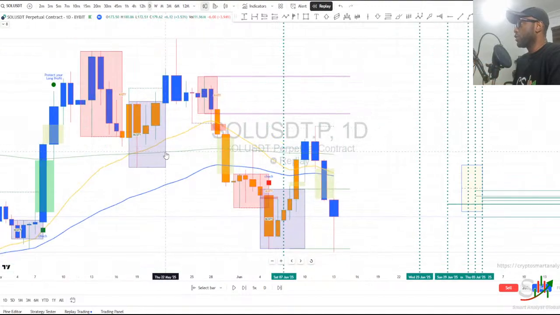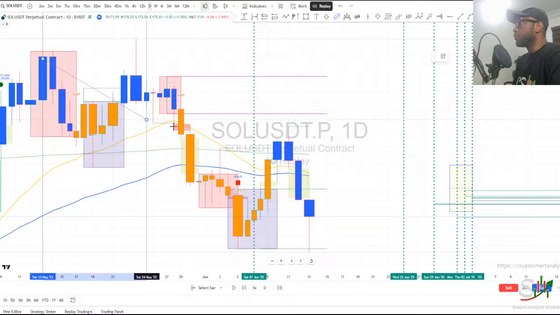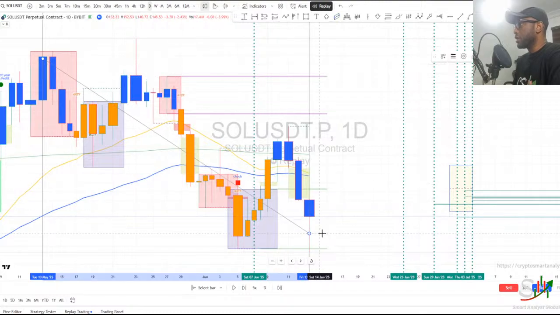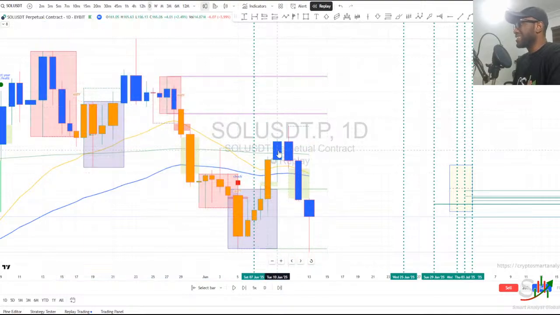If you look at the daily time frame right now, the directional bias for a few days has been bearish. Right now I'm using the projection to see that. You can see the market has been in the bearish zone. The market is dumping, so one of the things I tend to look out for is a potential reversal, because the market has broken structure on the higher time frame.